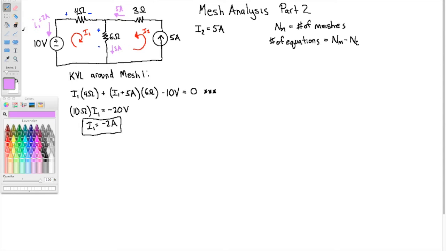So let's get the voltages next. So the voltage drop across this resistor, let me erase the polarity. So if I want the voltage drop across the 4 ohm resistor, I know 2 amps goes through it from right to left though. So let me indicate that with the plus minus.